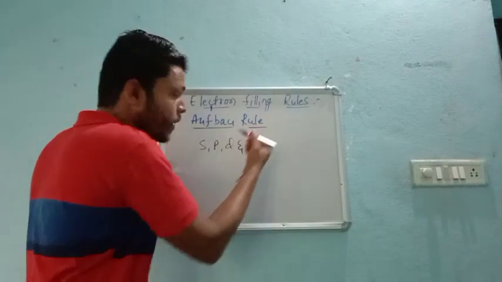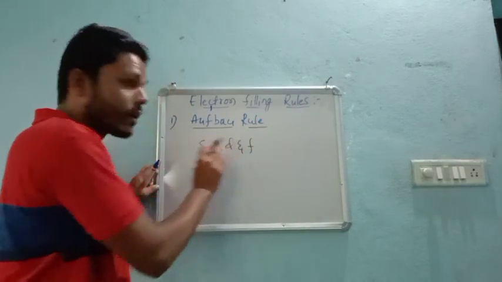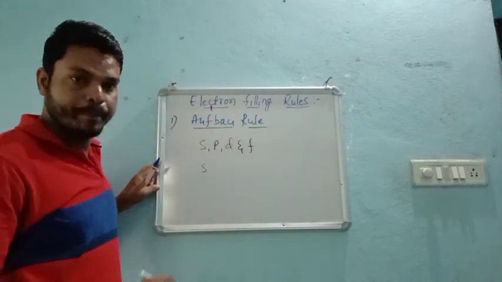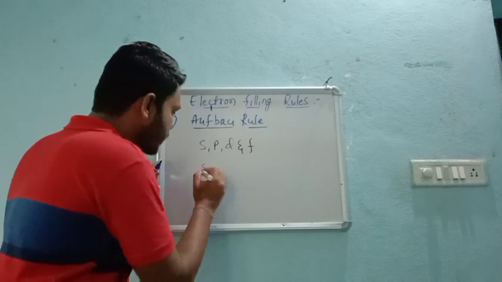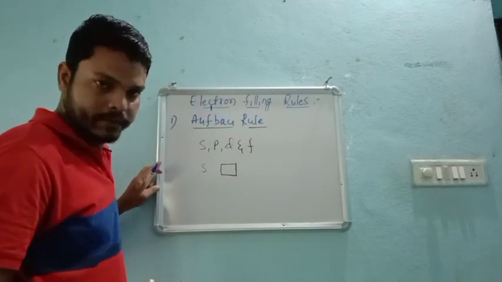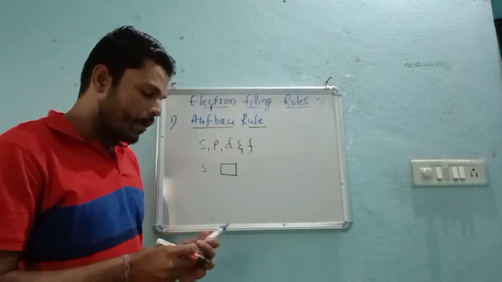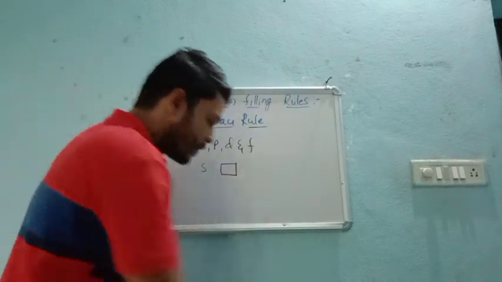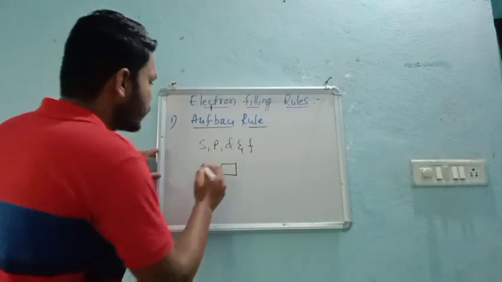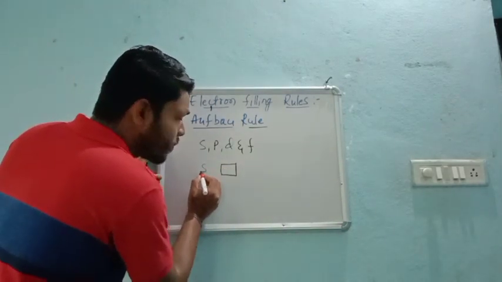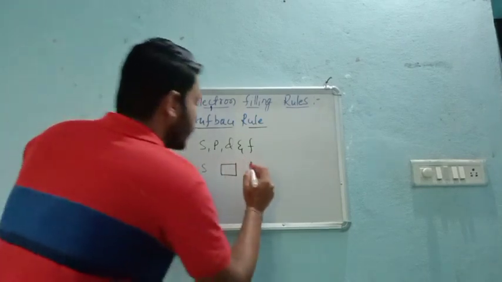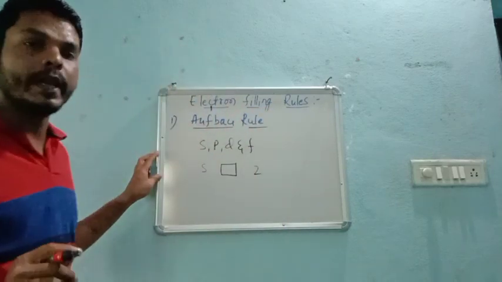Before going to the rule, we have to know the characteristics of these. So the S subshell has only one orbital, or you can say just one box, number one. And the maximum number of electrons present in the S subshell is 2. Very important.